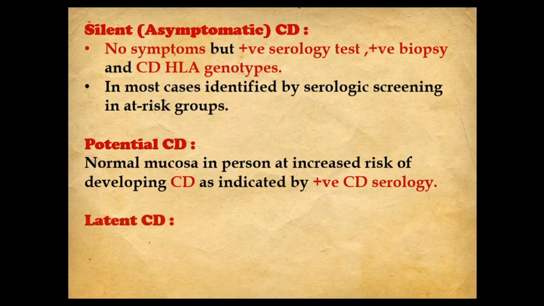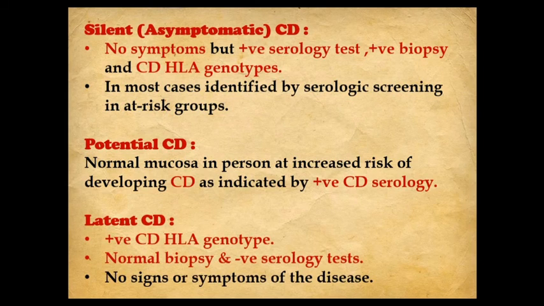The third term is the latent celiac disease. And what does this mean? In those with a positive celiac disease HLA genotype, but the biopsy is normal and the serology negative, and of course there are no signs or symptoms of the disease, this is called latent.